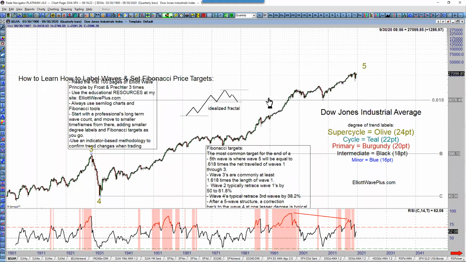That would put a typical target for the end of the fifth wave right there.